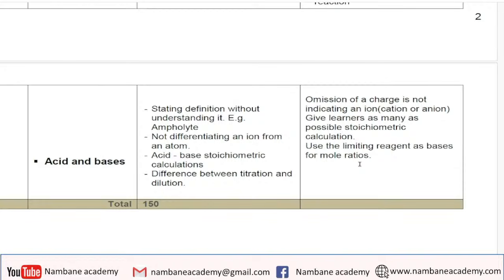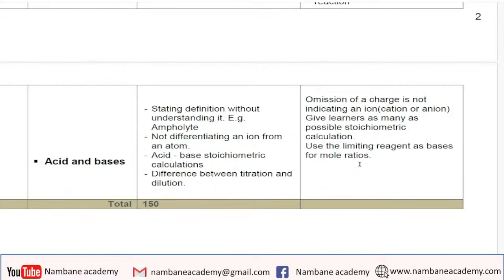And then we have stoichiometric calculations. Let us know what the endpoint is. Let us know what a neutralization reaction is. We must know all those things, or what happens at the endpoint, what happens at the equivalence point. Those titration calculations are important.